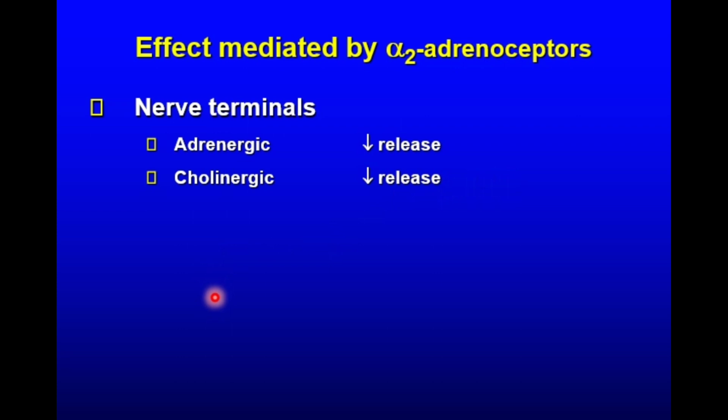In addition, presynaptic alpha-2 adrenoceptors are also found on other neurons, including some cholinergic neurons, for example, cholinergic neurons in the GI tract. Circulating adrenaline would activate this receptor and reduce acetylcholine release.